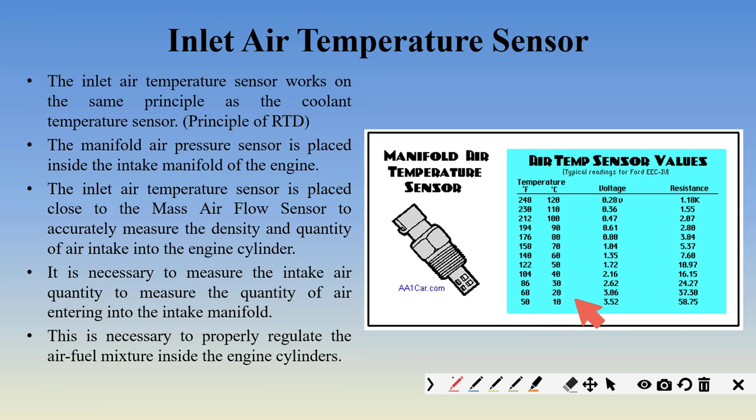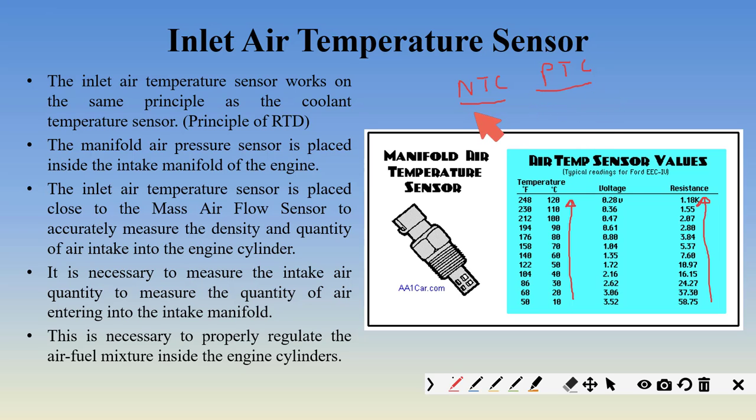See over here, you can see what is happening. In this case, as the temperature is increasing, there is a decrease in resistance. See, there are two types of temperature changes. There can be NTC and there can be PTC. One is negative temperature coefficient, one is positive temperature coefficient.